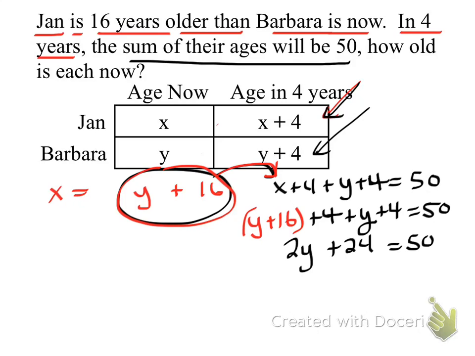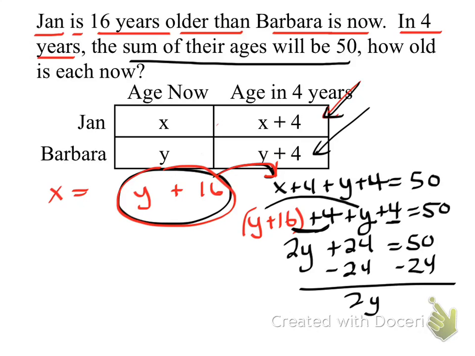Right? 2y plus, that's 20 plus 4. See how I just combined my like terms. Next step, subtracting 24. We're left with 2y equals 26. Divide by 2, and y equals 13. And then I go right up here to my box and I write it down.